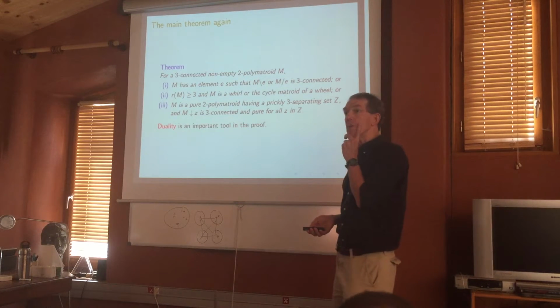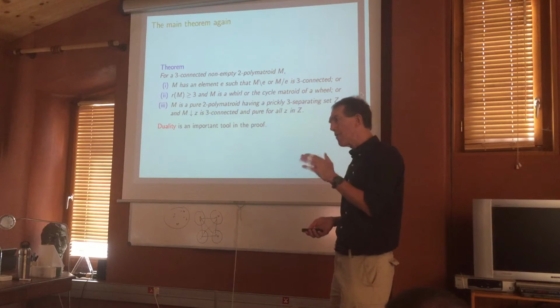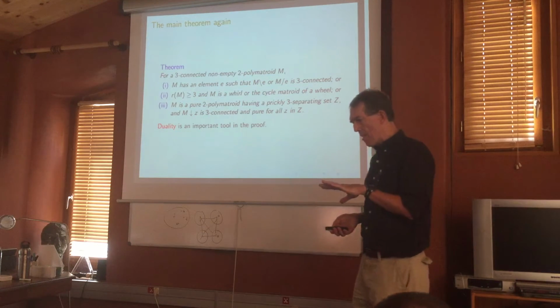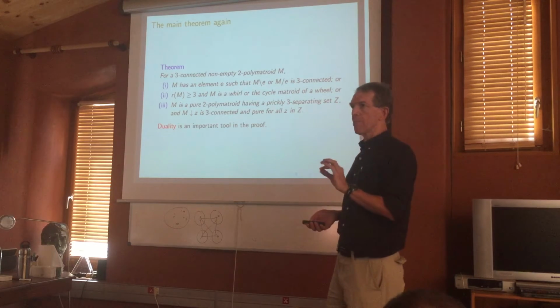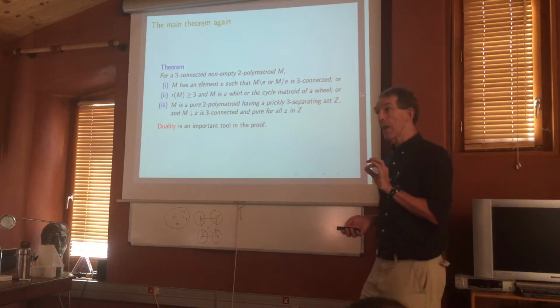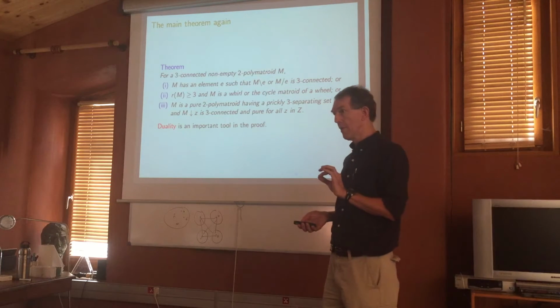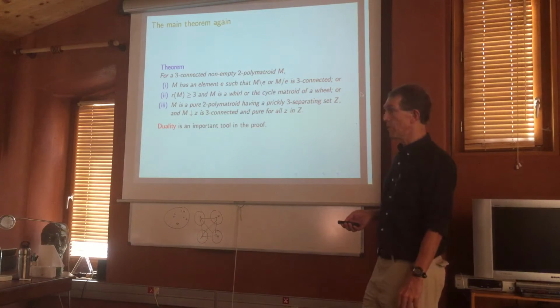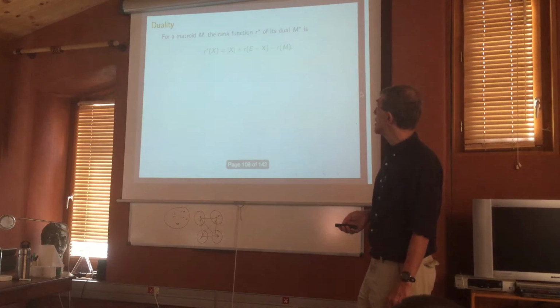Duality is a tool that we use in the proof. Now, I haven't mentioned duality for 2-polymatroids. Jeff and I did, as I mentioned before, something on top polynomials for 2-polymatroids, and we had a version of duality there, which is called 2-dual. It's not the version of duality we use in this context.